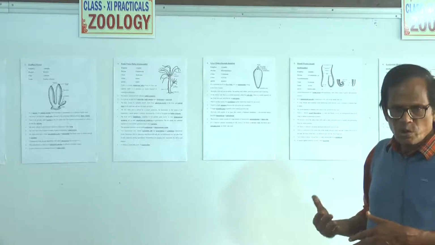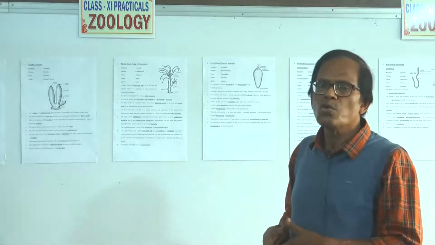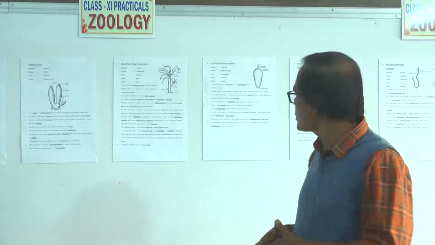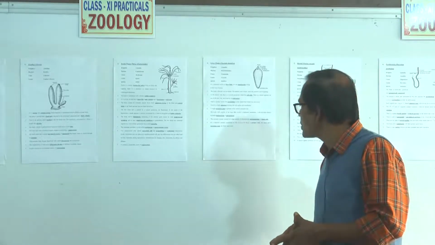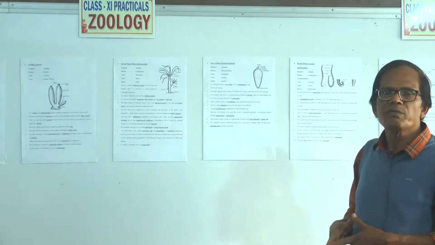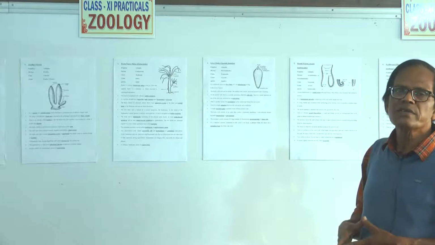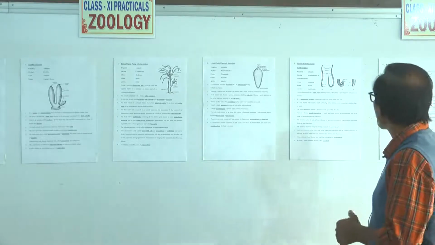So, Fasciola hepatica completes its life cycle in these two hosts. Once again I repeat, a primary host, that is the sheep, and a secondary or intermediate host, that is the freshwater snail. It never parasitizes a human. It's not a human parasite.